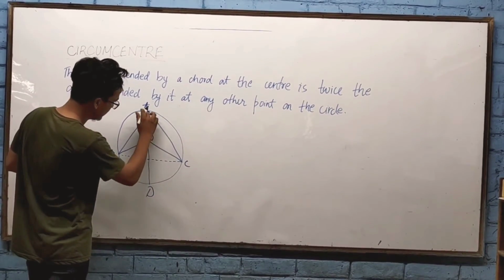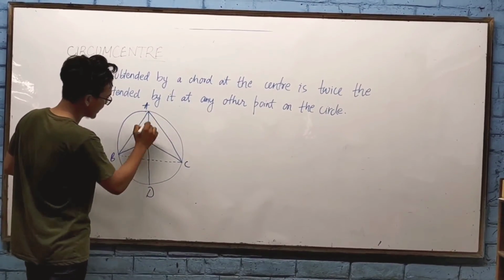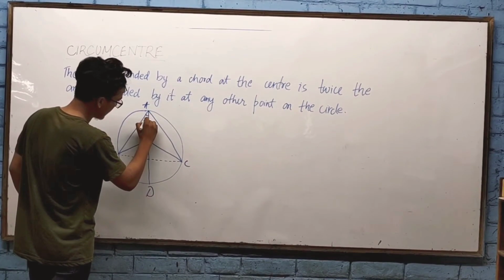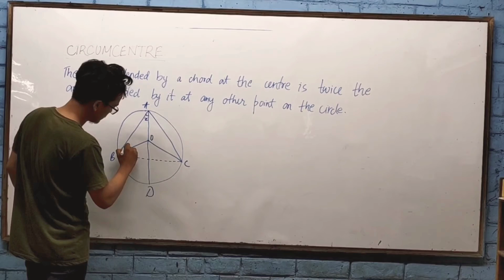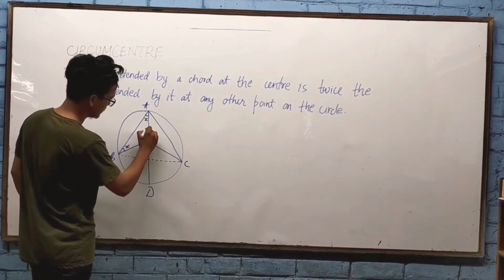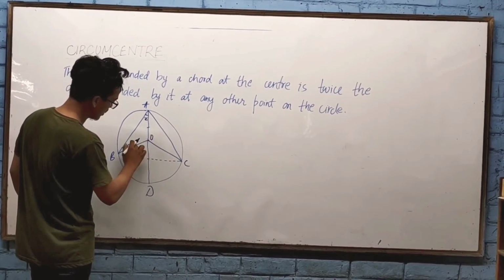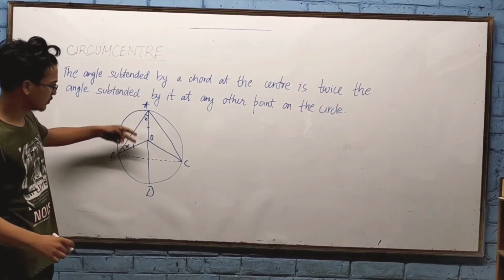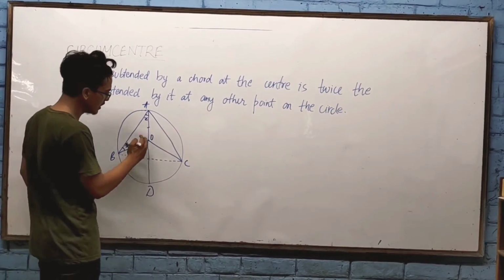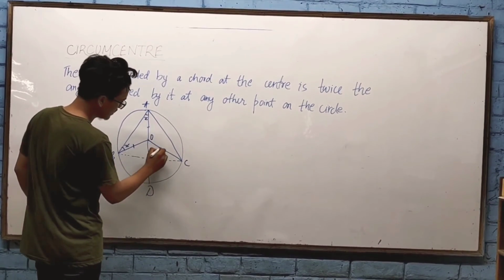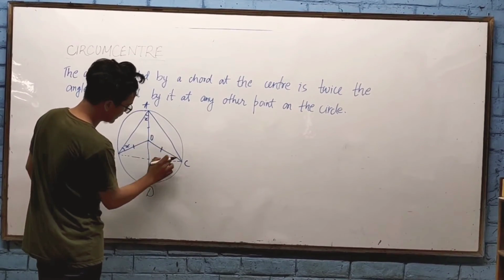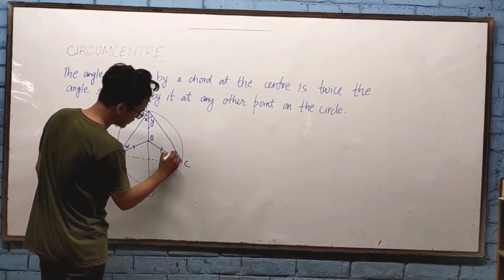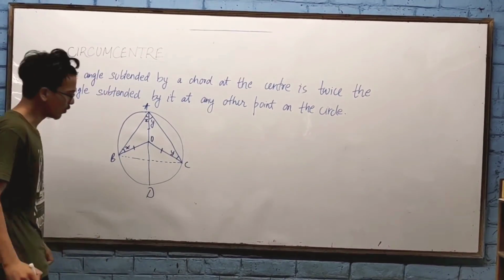Now, these two are radii. So in triangle OAB, if this angle is x, then this angle is also x, since angles opposite to equal sides will be equal. Similarly, in triangle OAC, OA equals OC, so if this angle is y, this will also be equal to y.